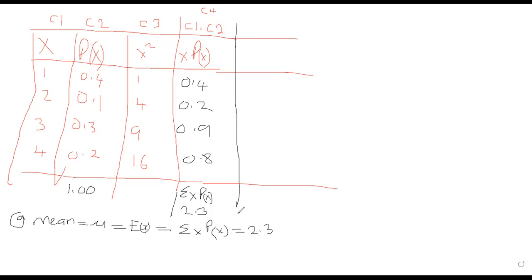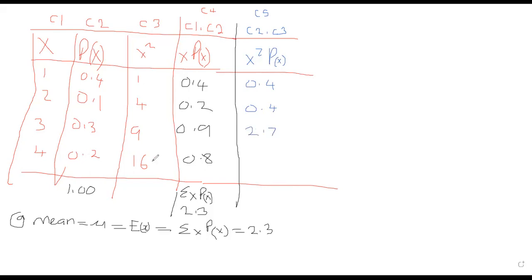Then to find the variance, column 5, we're simply going to multiply column 2 times column 3. So this by that, x squared px. So this is going to be 0.4. This is going to be 0.4. 3 times 9, what do we get? 2.7.